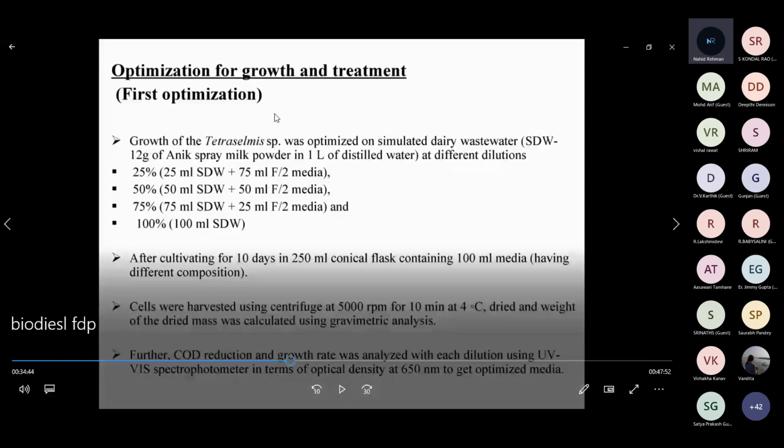So we chose Tetraselmis growth on the simulated dairy wastewater, where 12 gram of Anik spray milk powder is dissolved in 1 liter of distilled water, and this solution is called the SDW.